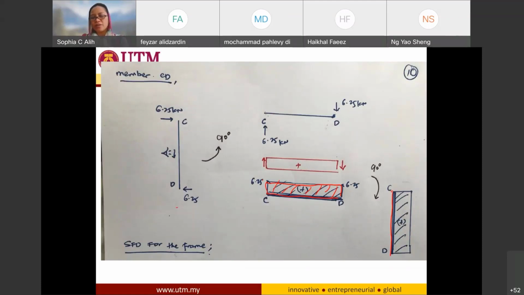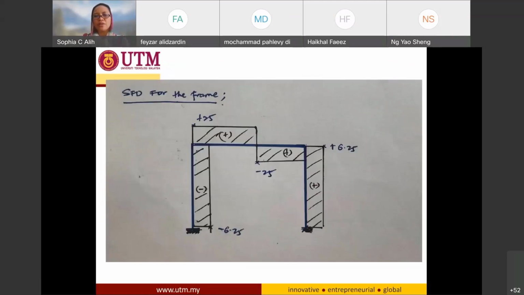So I just take all the shear force diagrams that I have already drawn, and I put them in my whole frame. So this is for members A, B, C, and D. So I mark it. This is my reference point and my reference line. And be very careful that the negative area is the inside part, positive area going to this side, and this is upper side, and this is downside. So this is my shear force diagram for my frame that I have already analyzed before.